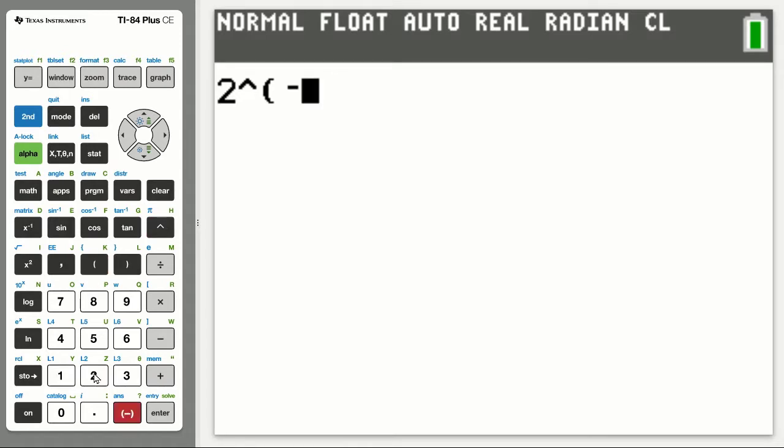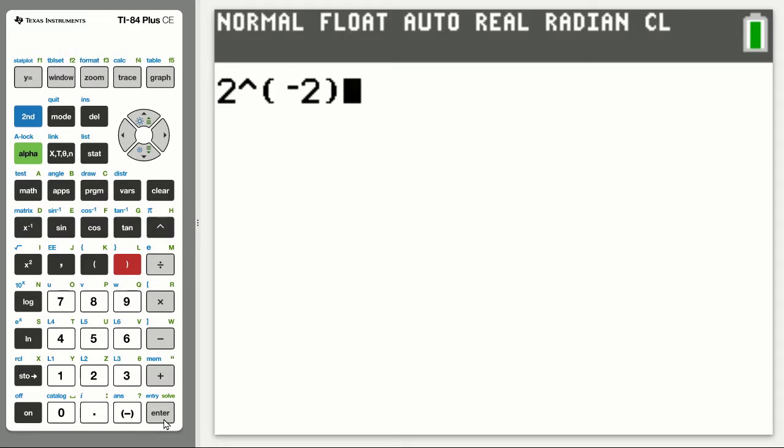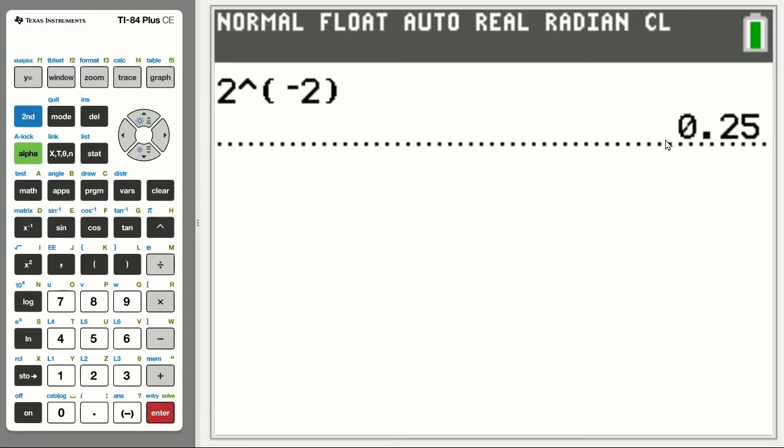So -2. This is for those calculator users who are using an older operating system on your TI-84 or TI-83 calculators. And now we hit enter. It gives us the exact same answer here.